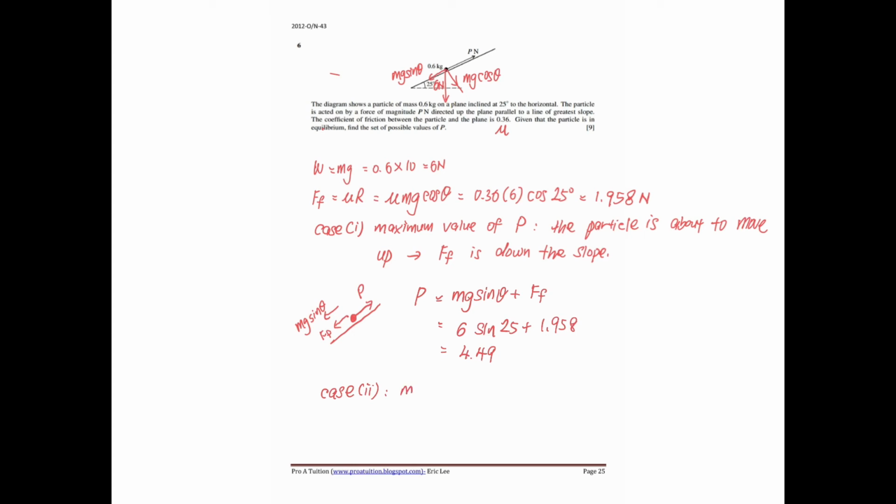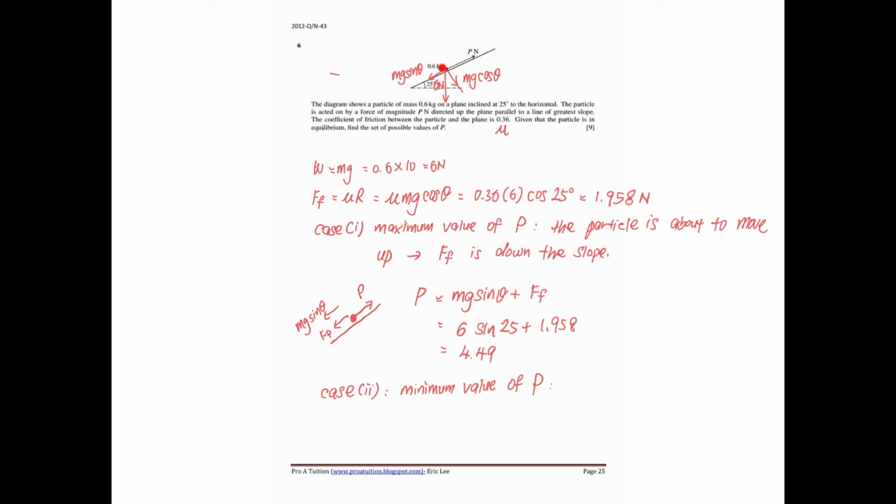We are going to look for the minimum value of P. So imagine that the force P applied on the particle is very small, until it is not enough to hold the object, and the object is about to move downwards, but hasn't moved yet. If it starts moving, it's not equilibrium already. So it's about to move downwards.